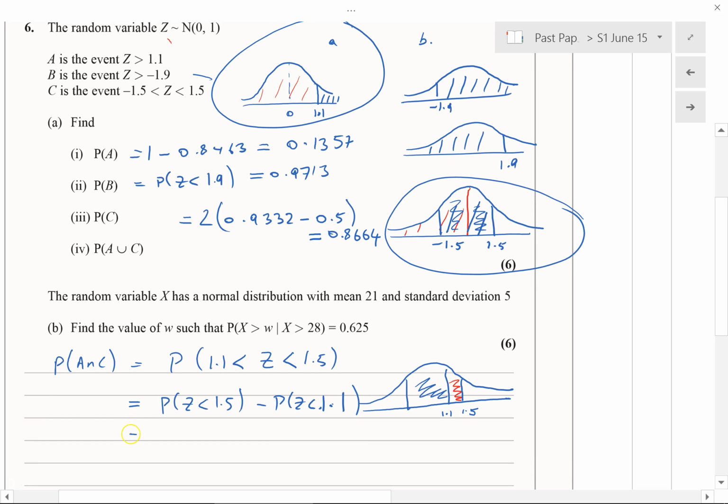So that equals the 1.5, which we've read already, I think it was this number here, 0.9332. And the less than 1.1, which we read before, was that number there, so that's minus 0.8463.